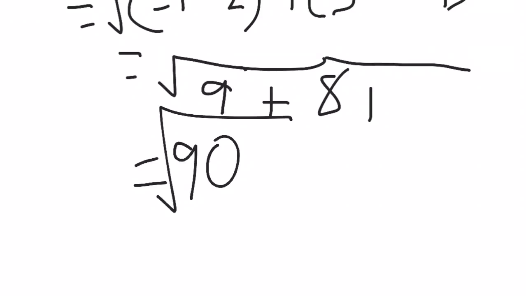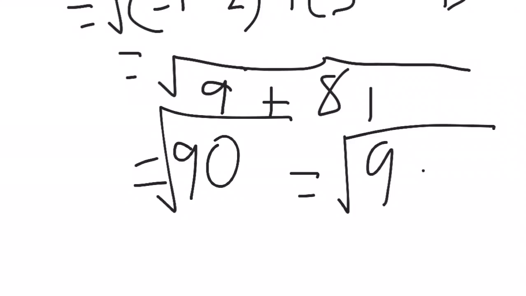Now, since we're dealing with the addition here, since we're just going to be adding the distances, not doing any sort of squaring like with the Pythagorean theorem, we're going to simplify it. Remember, let's factor down 90. 90 factors down to 9 times 10.